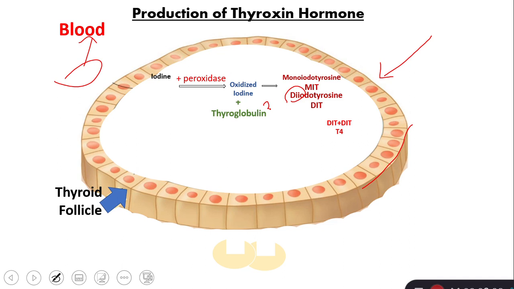If two of the diiodotyrosine join, we have T4, thyroxine hormone 4, that has 4 iodines.